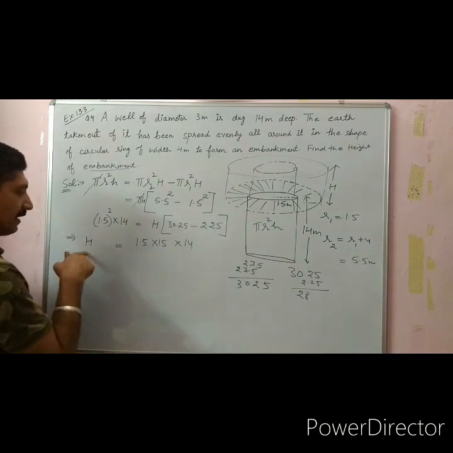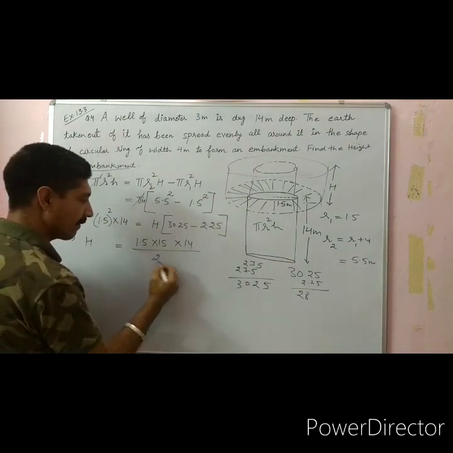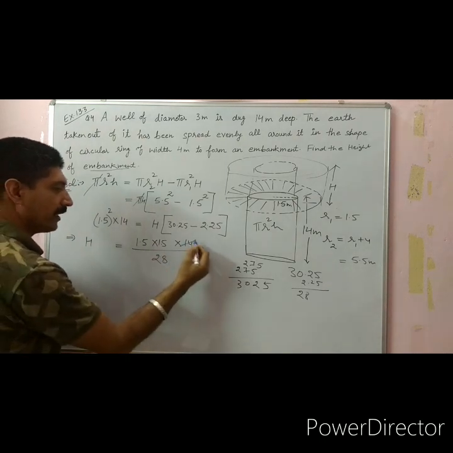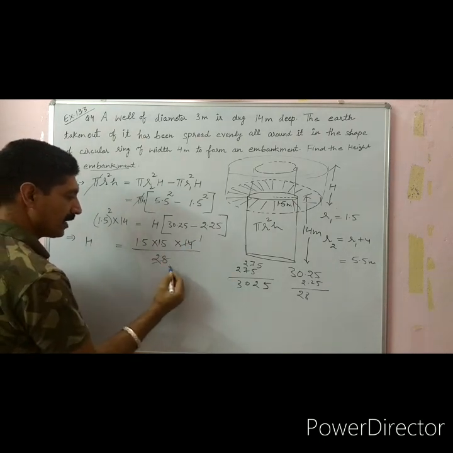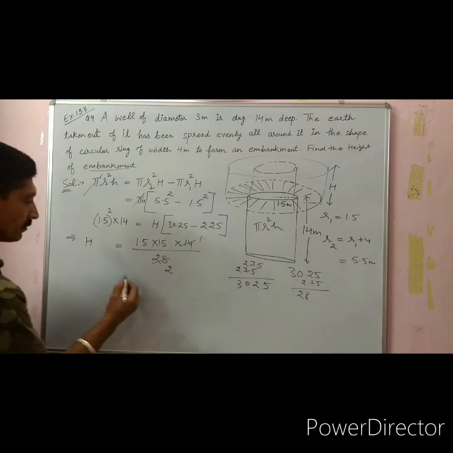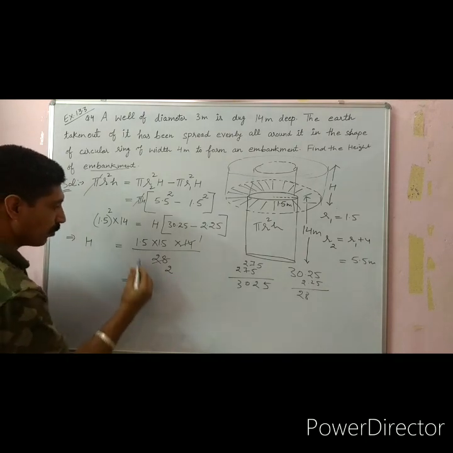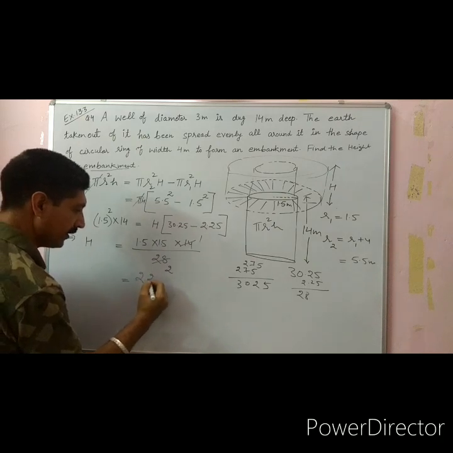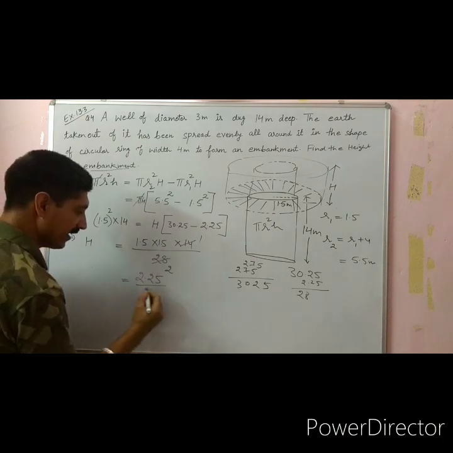So this 28 will divide this side. Here is the point. We have 14 ones are 14, 14 twos are 28, and we have now this 2.25. 15 into 15 is 225, so the decimal will be here.